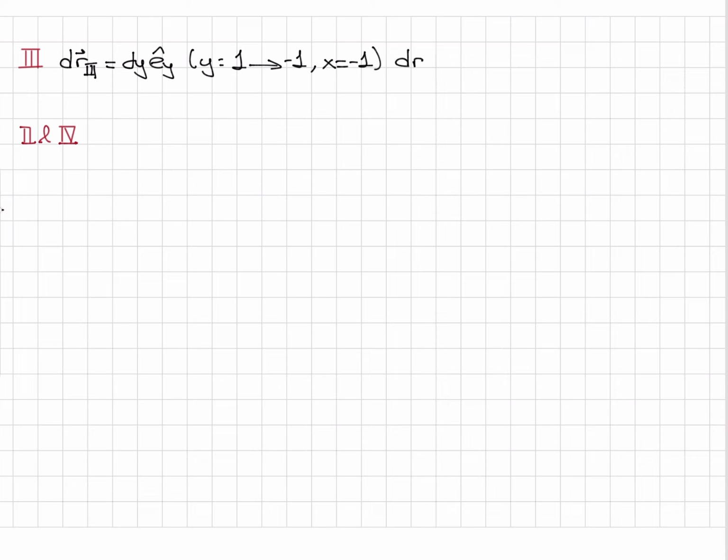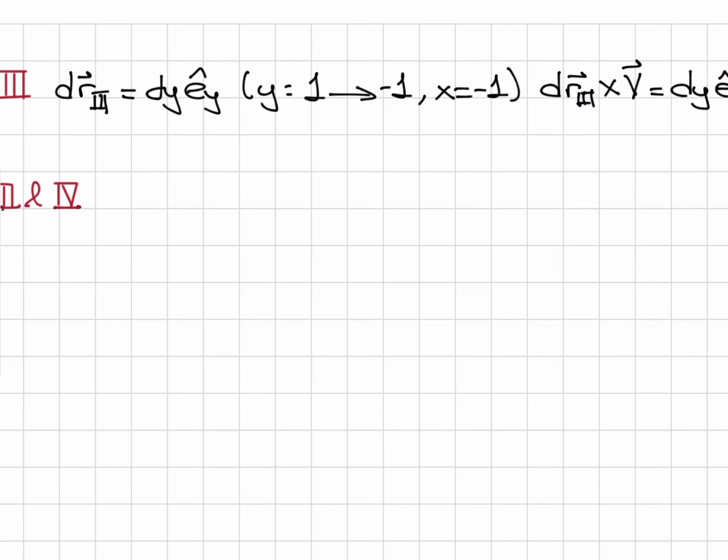So dr3 cross product with our vector v is dy ey hat cross product with v0 ez hat, and once again ey hat cross ez hat is ex hat, so this is v0 dy ex hat.